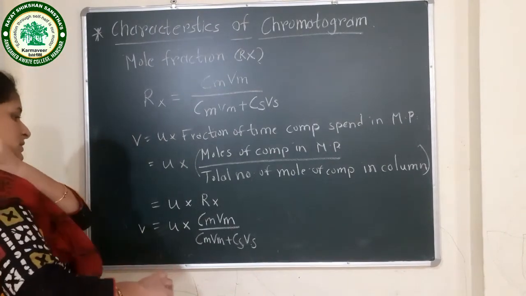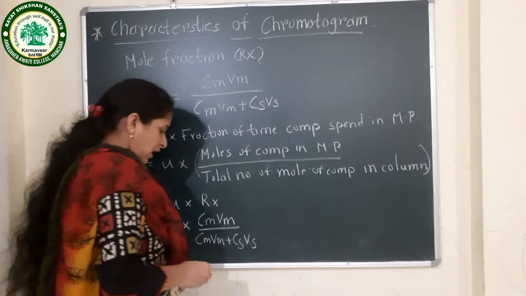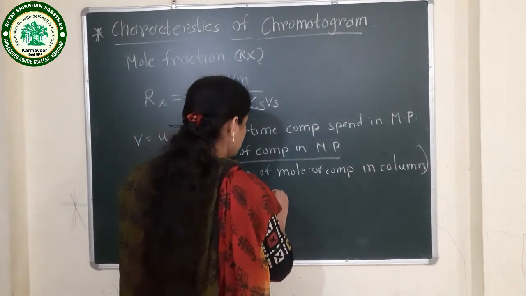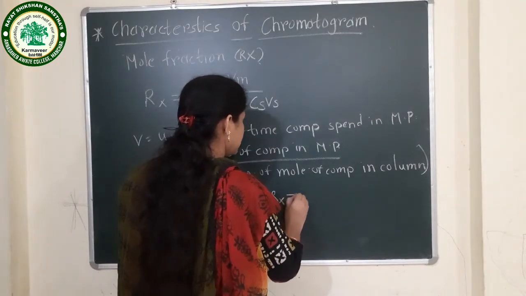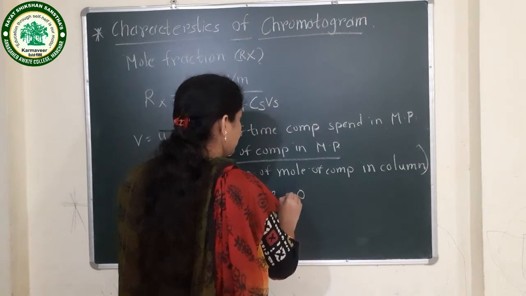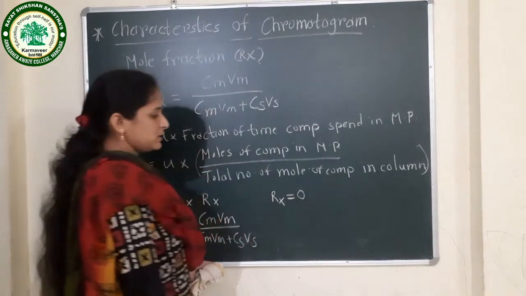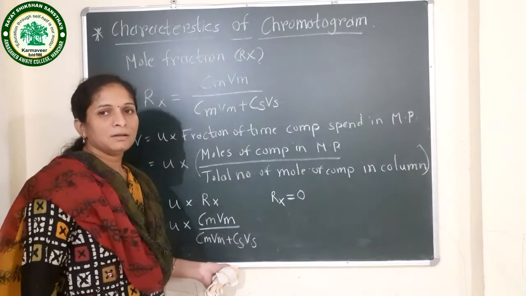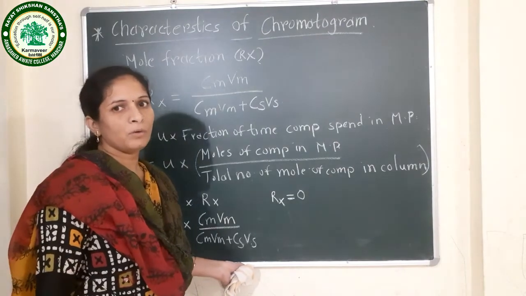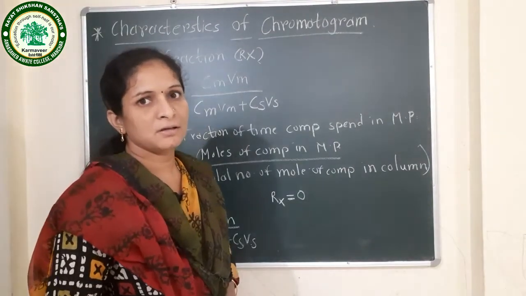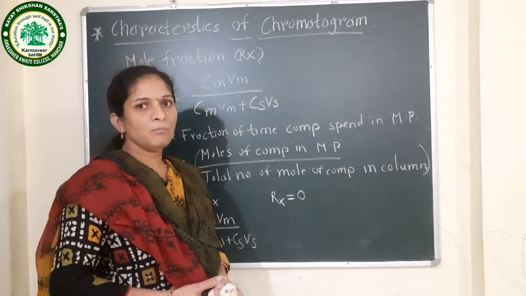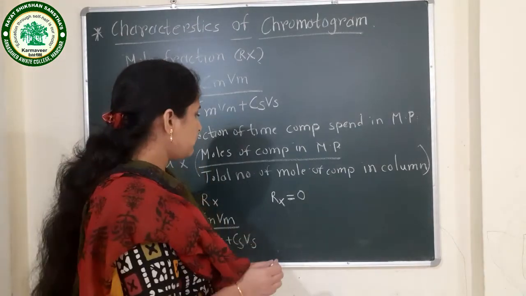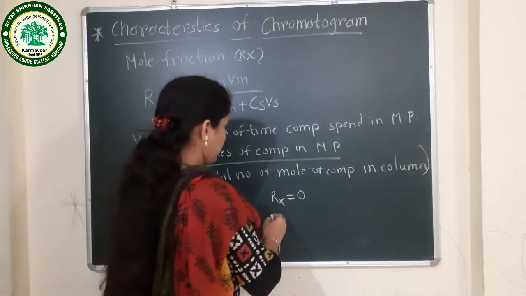Now from this it is clear that if Rx value is 0, then what happens? Then component will not move in the stationary phase. The stationary phase will be immobile, therefore there will be no retention of the component.